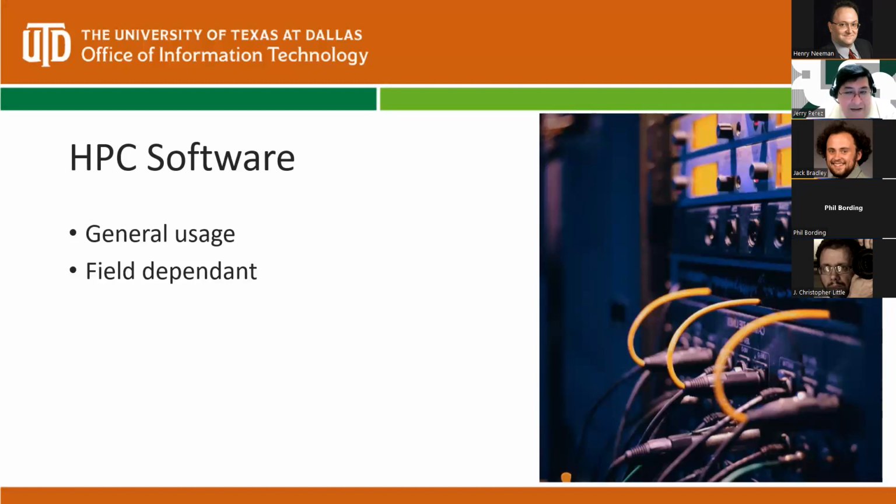Each discipline has its own particular sets of applications, and sometimes there's overlap. The physicists and the chemists use CFD, and mathematicians like to use Mathematica, and MATLAB, of course.